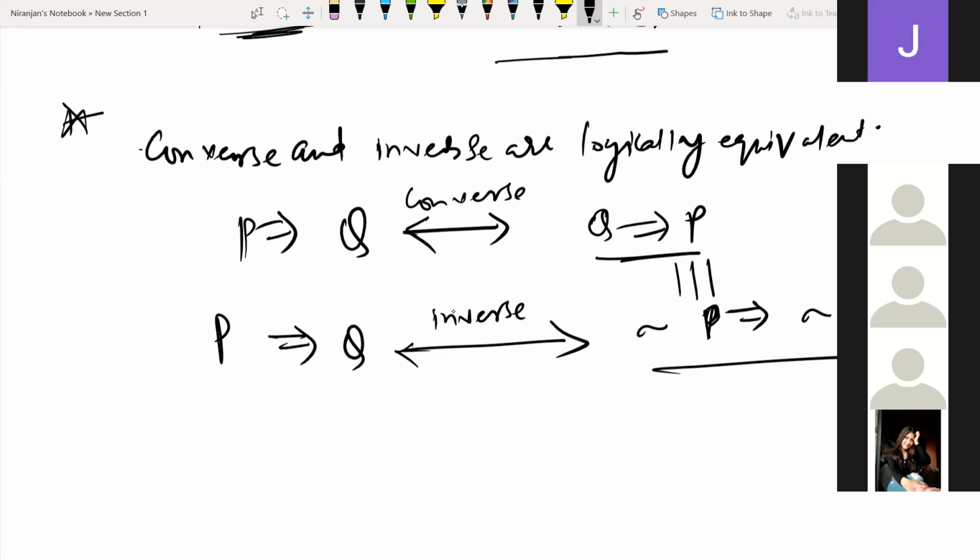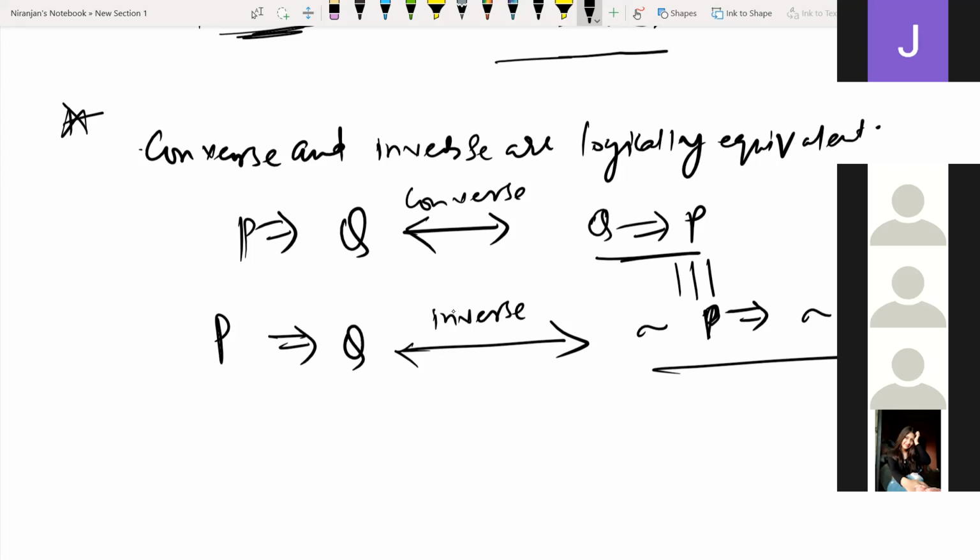So think about the statement I gave you last time: if my car is out of gas, my car won't run. Now it's opposite. You're saying if my car won't run, then I'm out of gas. That's what you're implying. Now think about negation of P implies negation of Q. You are saying if my car has gas, then my car will run.